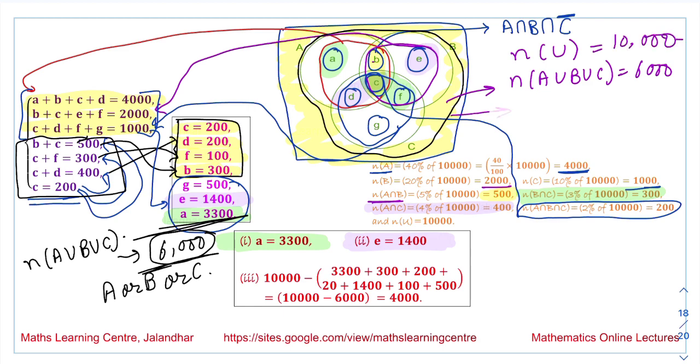So the number of elements outside this region will be the difference of these two values, and it comes out to be 4000. So there are 4000 families that do not buy the newspaper A, B or C, or none of the newspapers A, B and C. So the number of families is 4000.